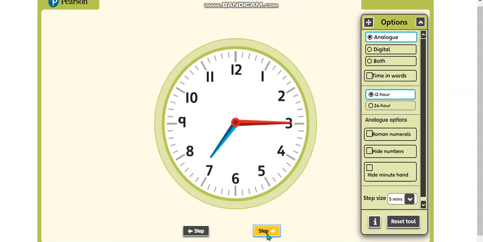Let me help you. 5, 10, 15, 20. Alright, now you can write your time in digital and in analog format. Okay, so that takes another minute. What time is this?